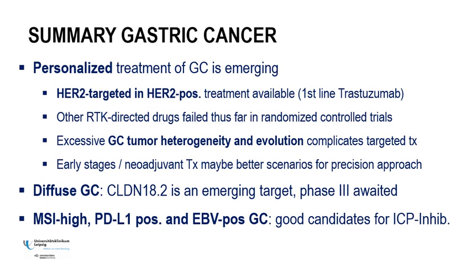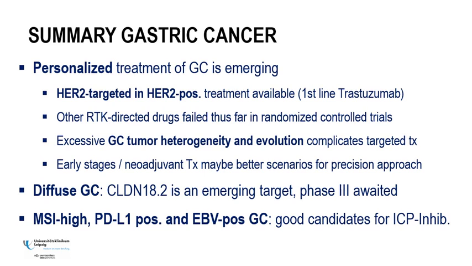And I would speculate that early stages applying precision medicine to neoadjuvant treatment may be the better scenario for a precision medicine approach, especially in diffuse type gastric cancer, but not limited to that. Claudin 18.2 is an emerging target, and randomized controlled phase 3 studies are ongoing. Results are awaited within the next years.